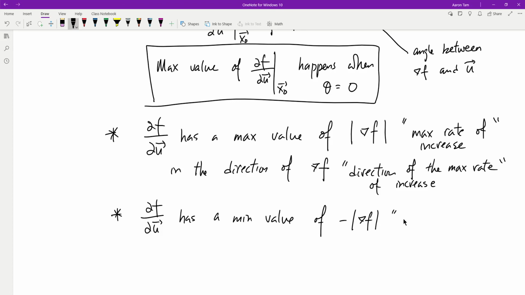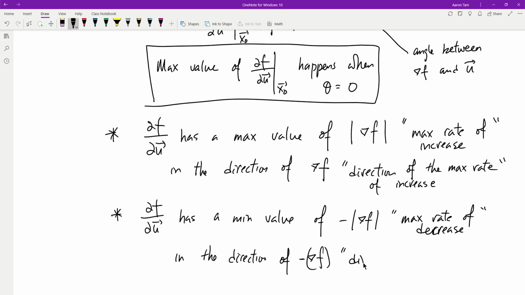This is often referred to as the maximum rate of decrease, in the direction of negative gradient of f. And that's usually referred to as the direction of the maximum rate of decrease.